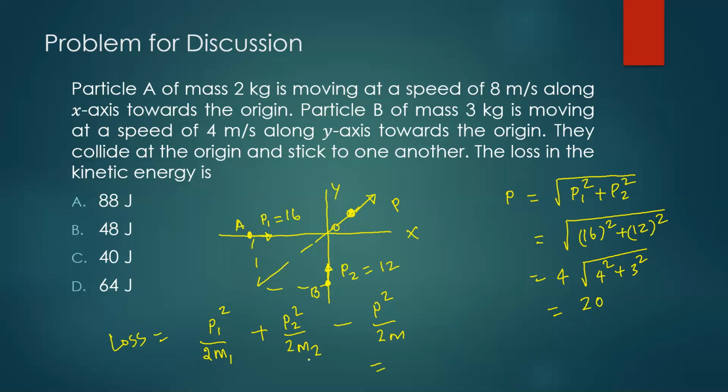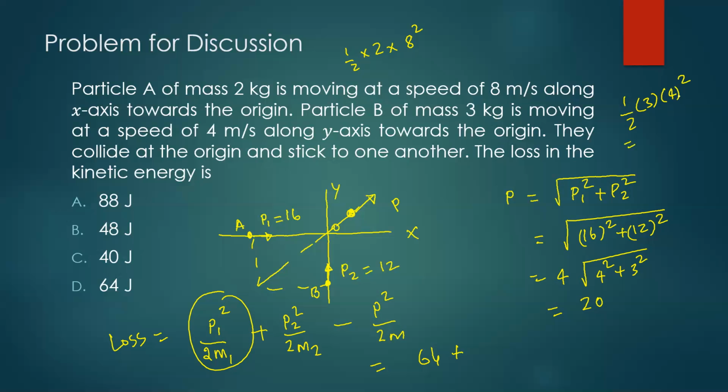Now if I get P1 square, I think this is not really nice, but you can also use half mv square. So if I do half mv square, I get what? Half into 2 into 8 square. So that is 64 joules, plus for the second particle, half mv square would be half into 3, velocity is 4, so 4 square.